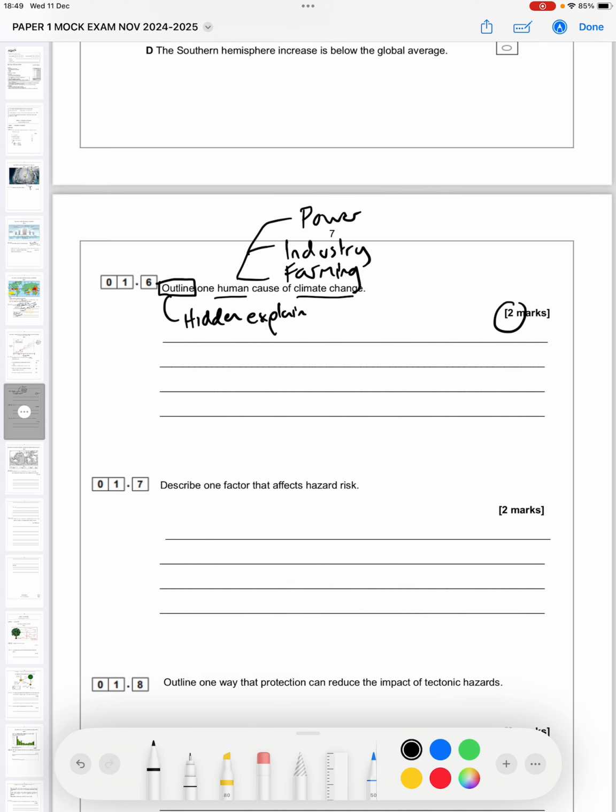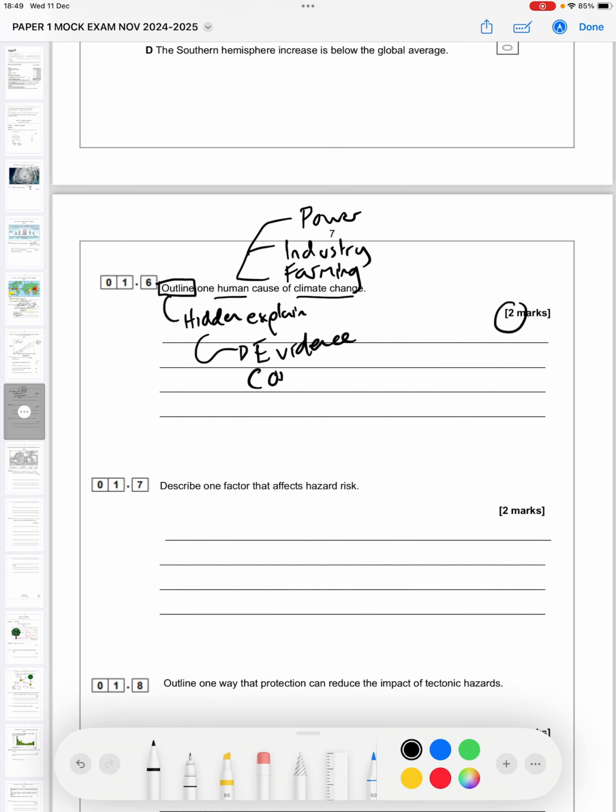And it's a hidden explain. So for my students, I would describe this as you need an evidence and then a comment. But if you're not one of my students, you might know this as point explain. Okay, so you need one of those. So how does power lead to it? How does industry lead to it? How does farming lead to it?